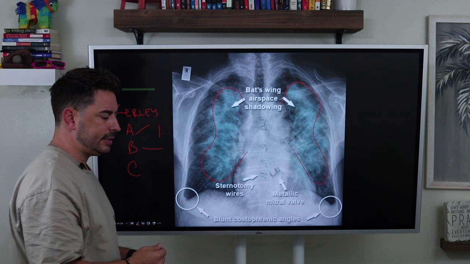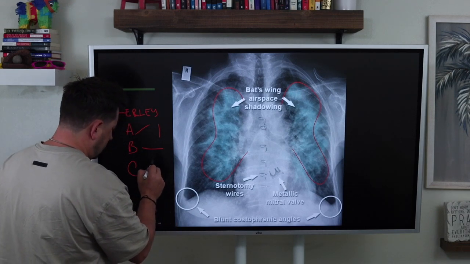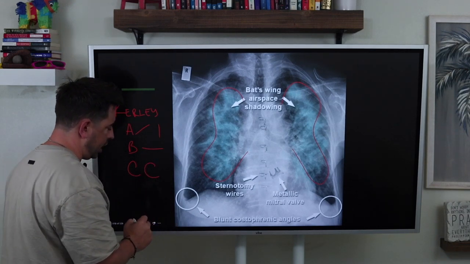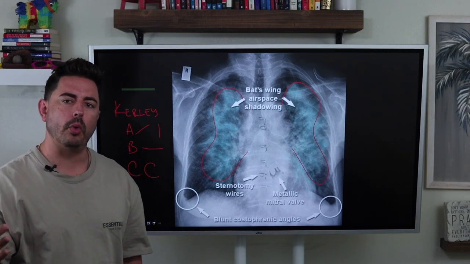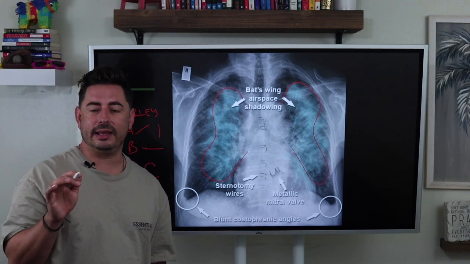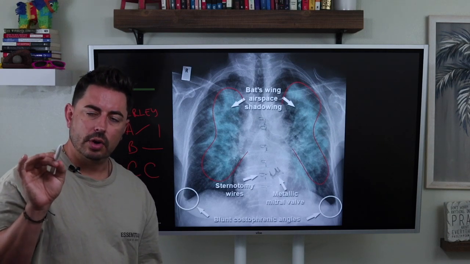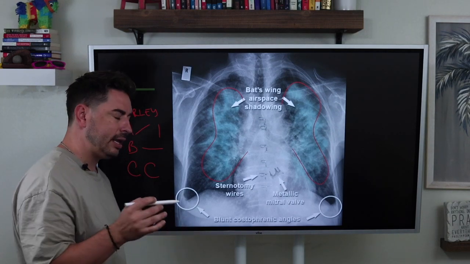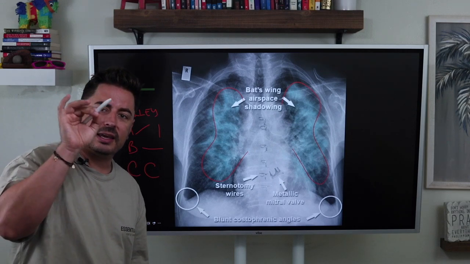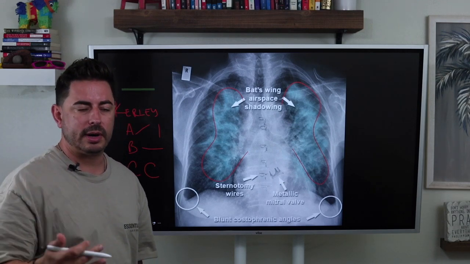When we look at Kerley C lines, these are actually kind of a curved shape or a circular shape that go around the alveoli. It is showing you that that alveolus that has the pulmonary capillaries, that you can see the congestion within the pulmonary capillaries.